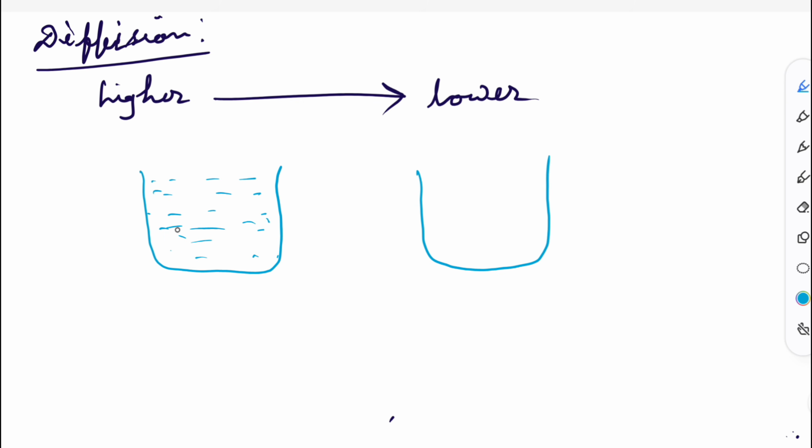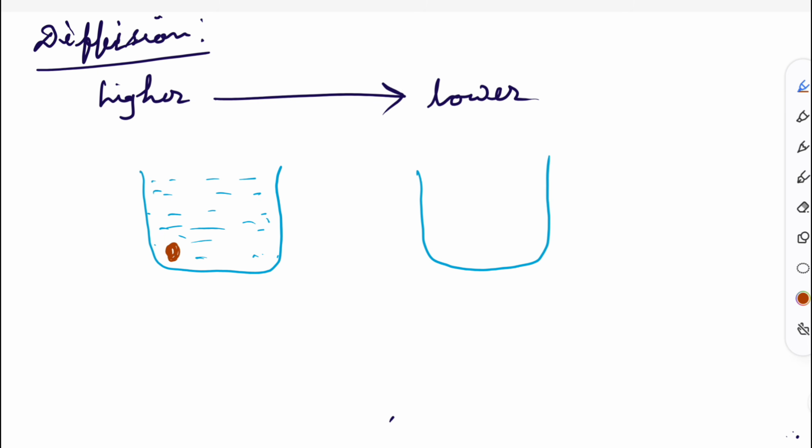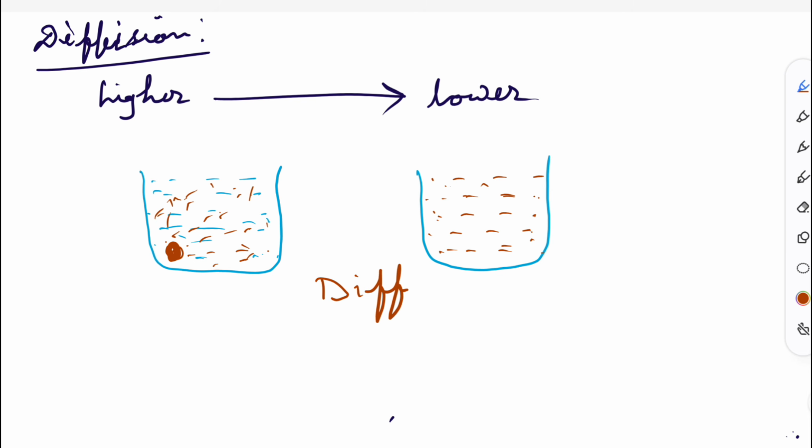And if you put some colored dye, let's say the dye is red in color, you throw in a small piece, and after a certain time you will see that the entire water is changing its color, and it will become red in color. The liquid will become red. Now this is an example of diffusion. This is one example of diffusion.